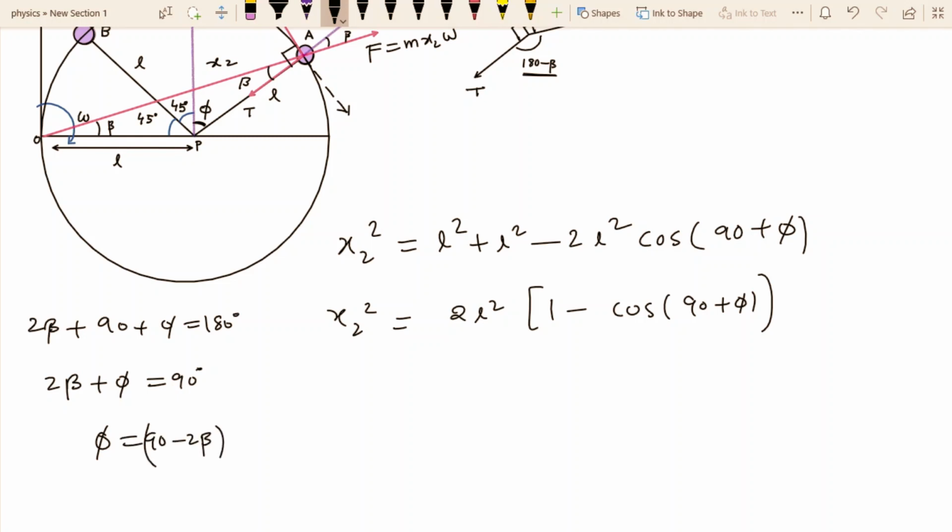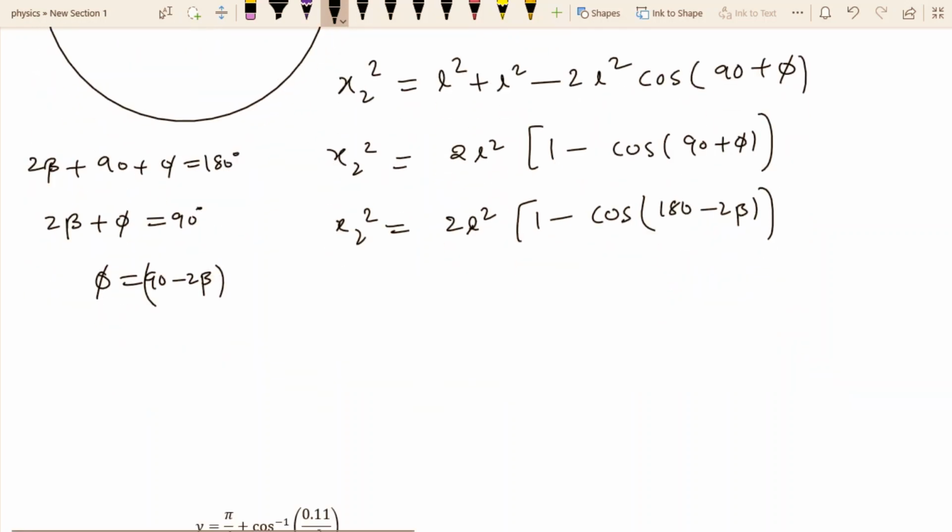Okay, so you can directly plug the value of phi here. X2 square is equal to 2L square into 1 minus cos of 180 minus 2 beta. Okay, so cos of 180 minus theta is minus cos theta. X2 square is equal to 2L square into 1 plus cos 2 beta. So this is the thing that we are getting.